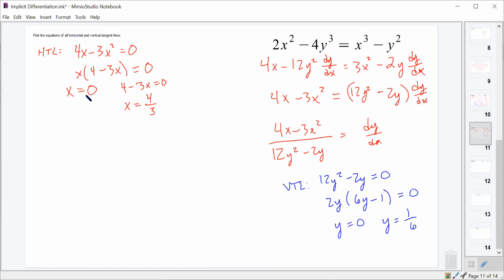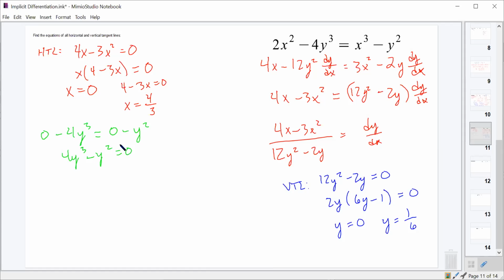If I plug in x equals 0 up here, what do I get? 0 minus 4y cubed equals 0 minus y squared, right? Or 4y cubed minus y squared equals 0. Everybody agree with that?